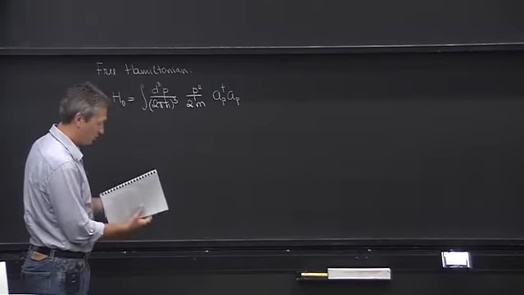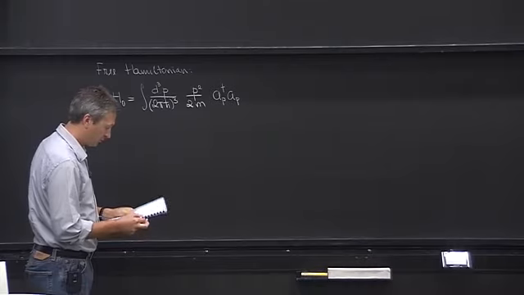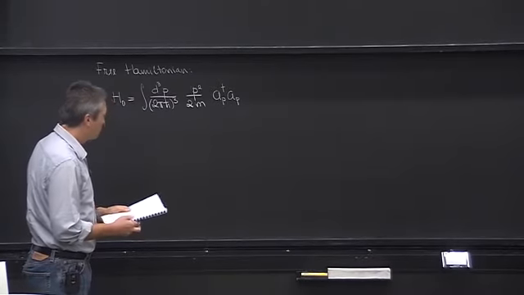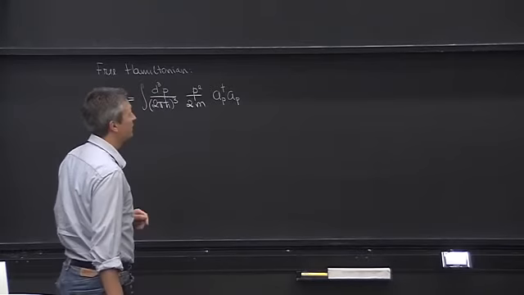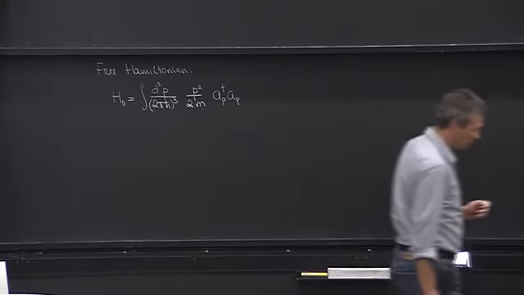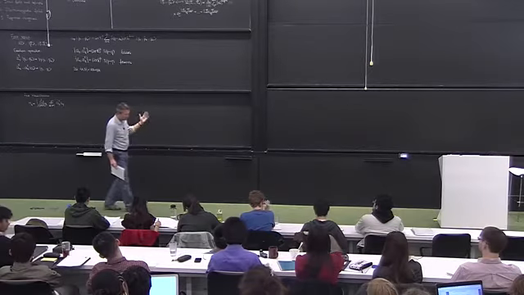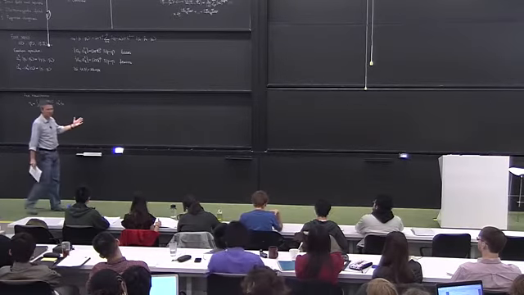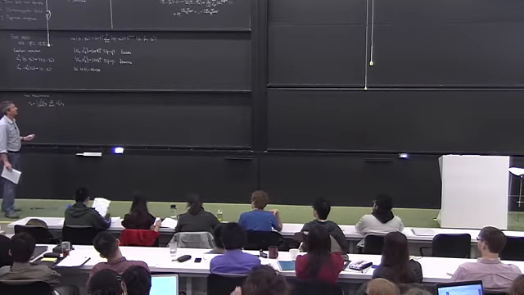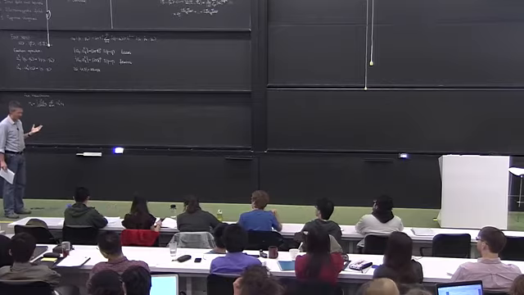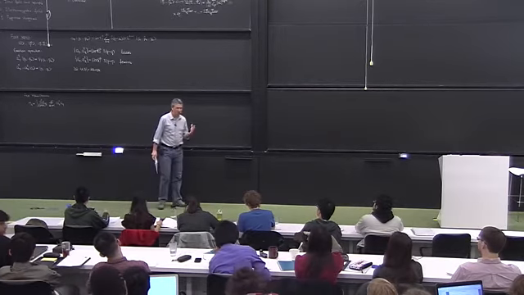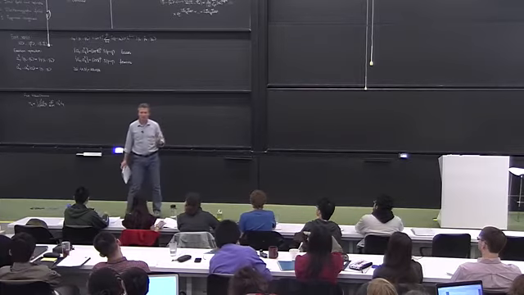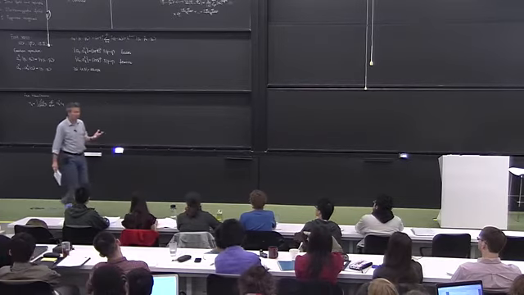Okay, so now our next goal will be to understand how to, well, in a sense, we knew in advance how to solve this problem. It's very, very simple. But now we want to add interactions. And when we add interactions, then this formalism based on creation and annihilation operators becomes really useful.